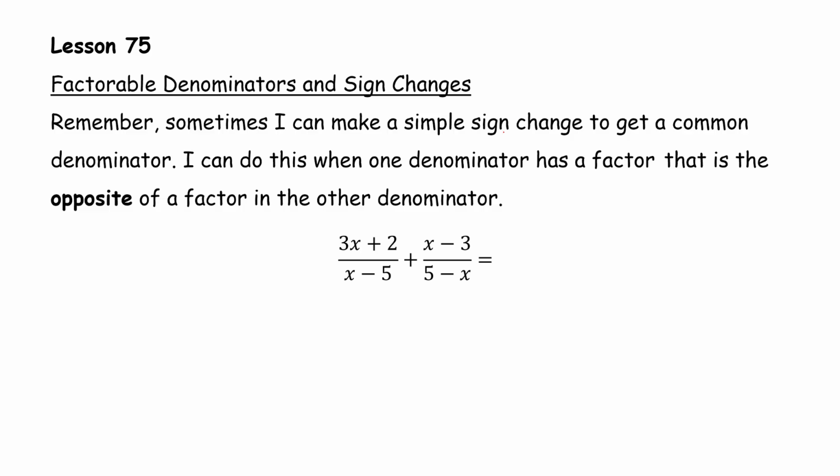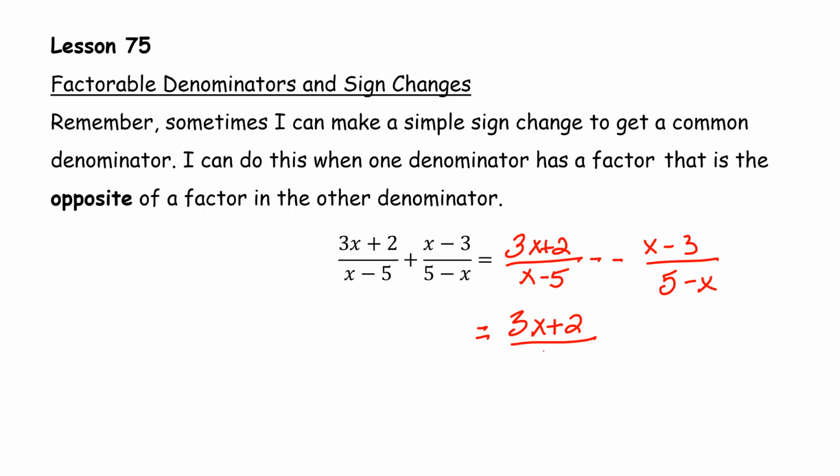So remember that if we want to, we can change this to 3x plus 2 over x minus 5 minus the opposite of x minus 3 over 5 minus x. And then if we distribute that negative sign through the denominator of the second expression, we'll have minus x minus 3 over negative 5 plus x, which is x minus 5.